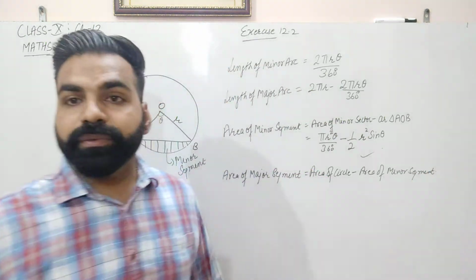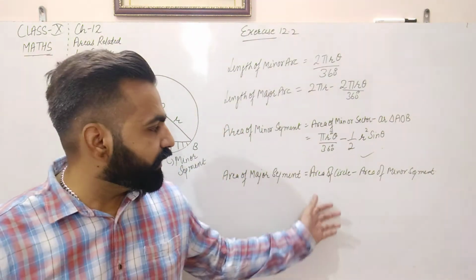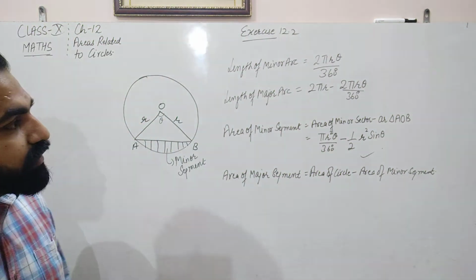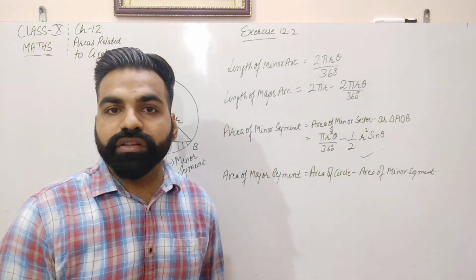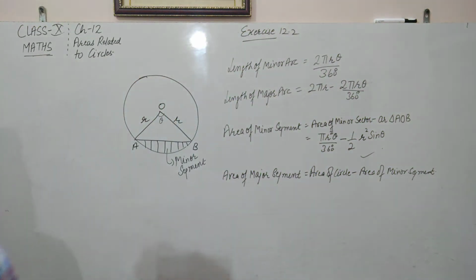If we subtract the area of minor segment from the whole circle, then we will get the area of the major segment. Clear? So these are few formulas which we will use in this exercise. So now we can start the exercise 12.2.